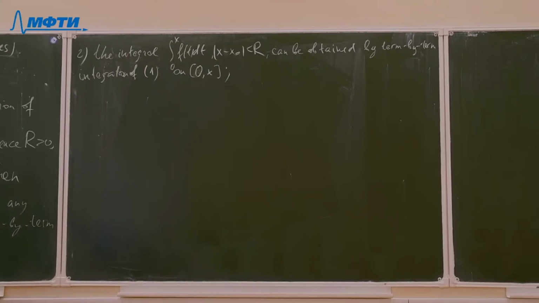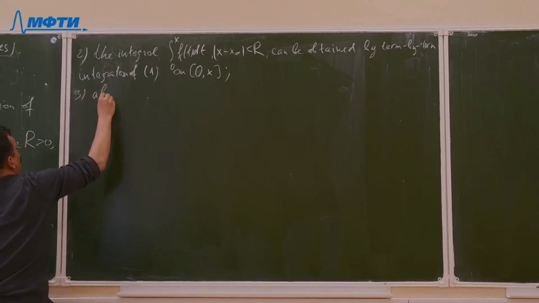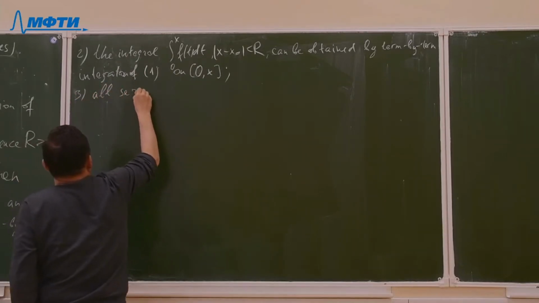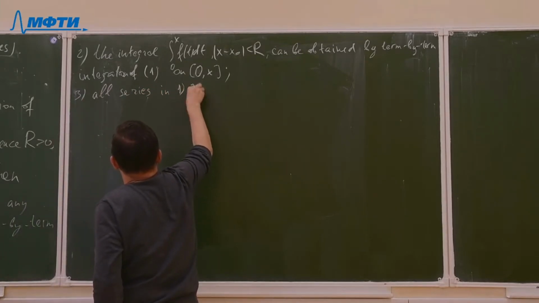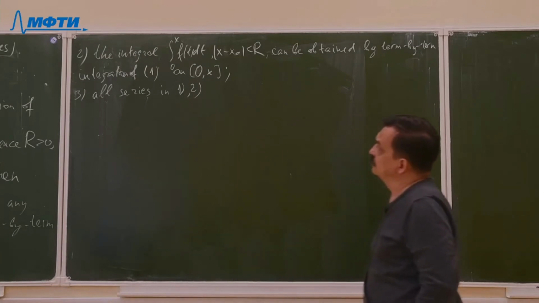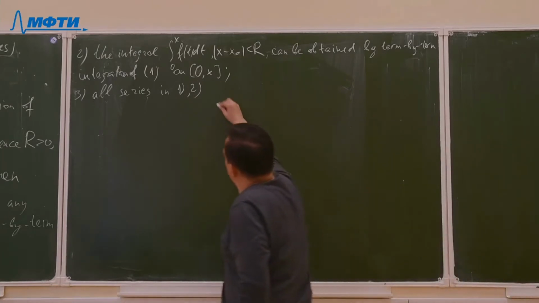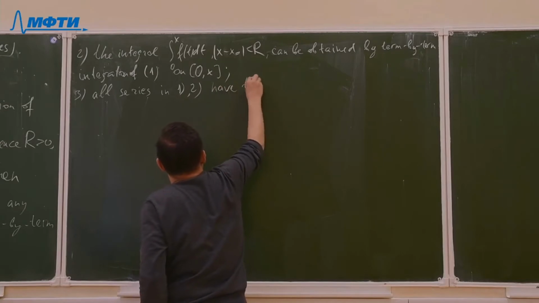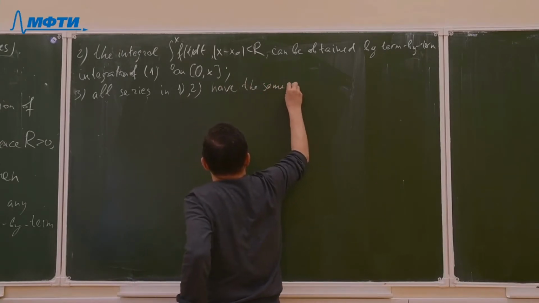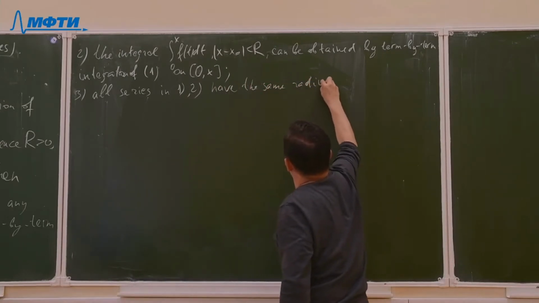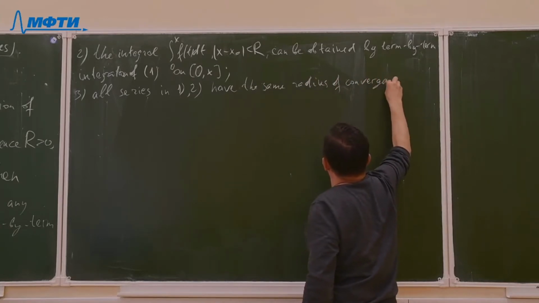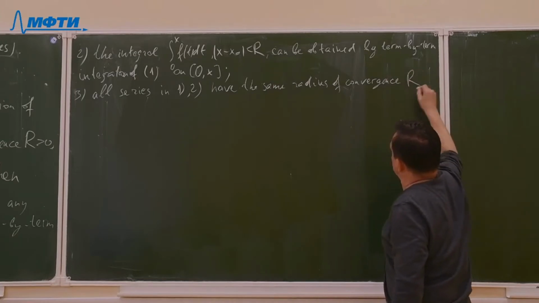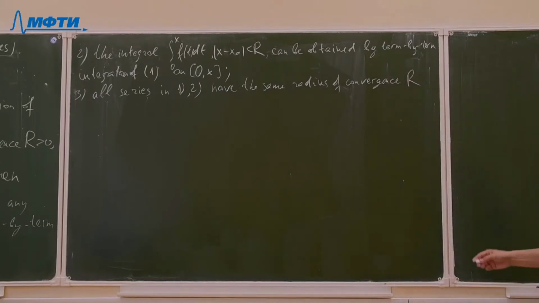Then third, all series in first and second assertions have the same radius of convergence r as in 1.